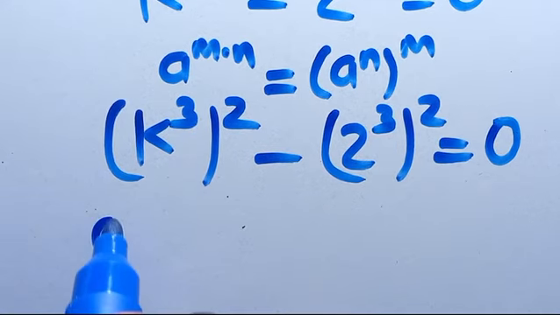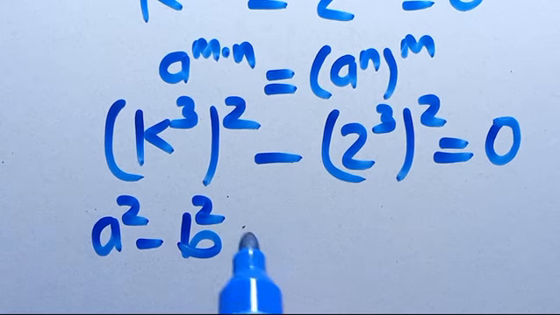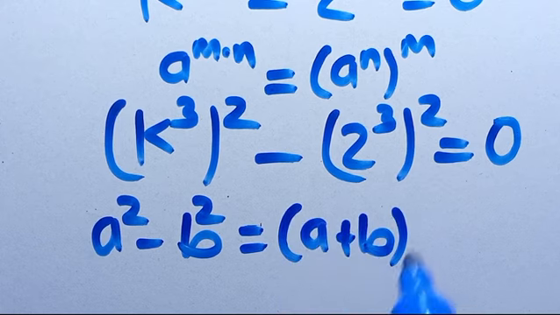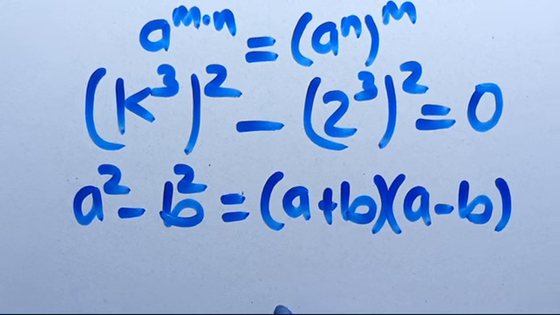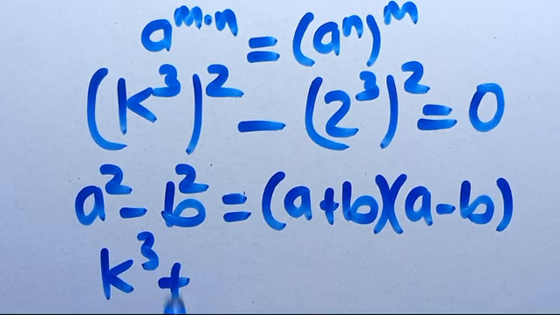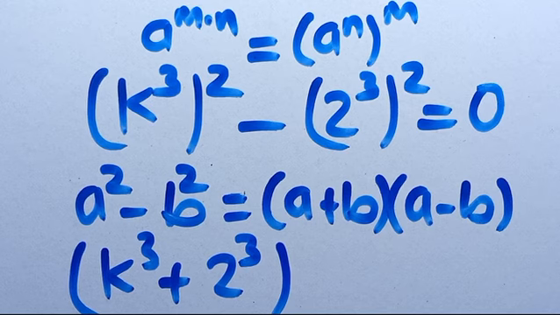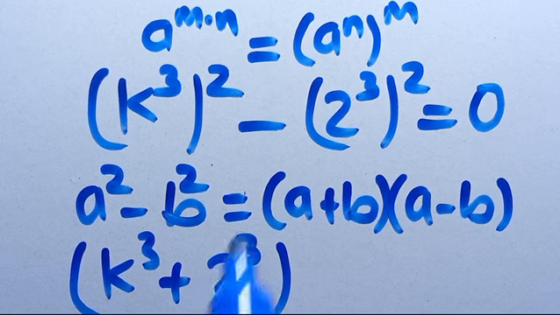When you have a square minus b square, we call this the difference of two squares, and it always equals a plus b in parentheses times a minus b in parentheses. Applying it here, we are going to have k to the power of 3 plus 2 to the power of 3, and the reason is that our a equals k to the power of 3 and our b equals 2 to the power of 3.